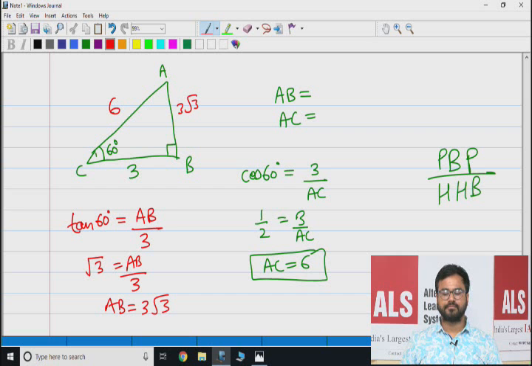Any doubt in this question? It was a straightforward question. Just the angle is given, one of the sides is given. Using trigonometric ratio, we have found the other two sides.